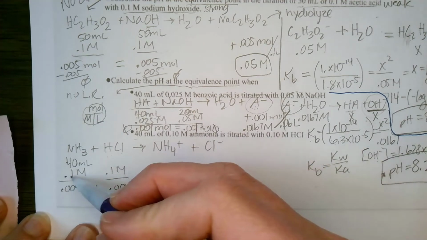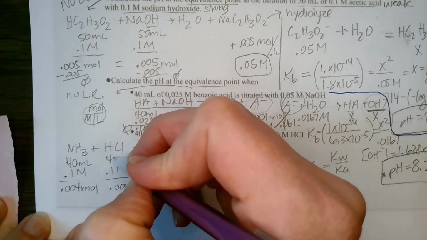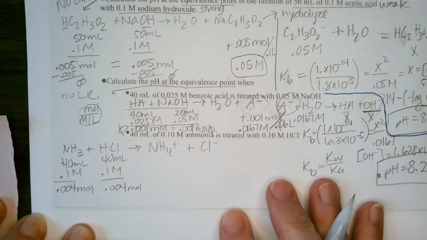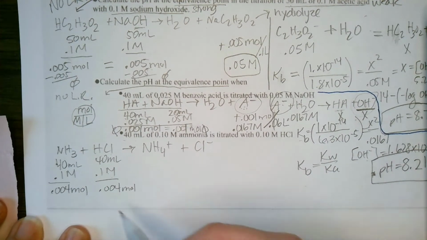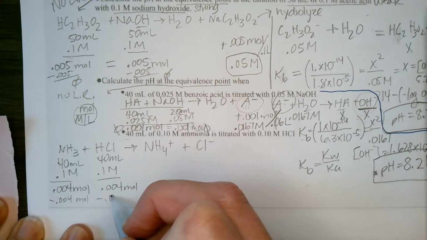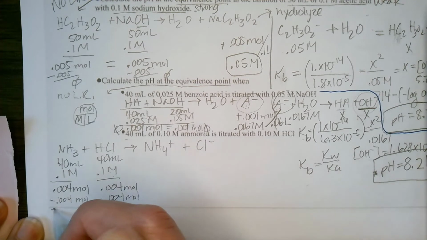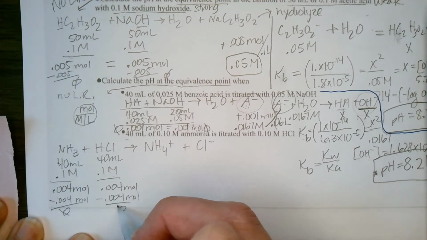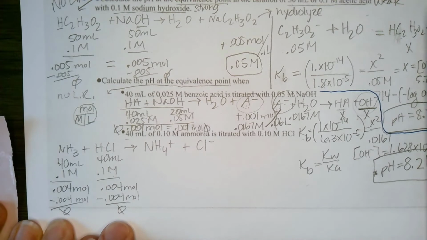Because we have the same concentration, we will also have 40 milliliters of it. When we lose our reactants, minus 0.004, we have no limiting reactant. They're both completely consumed equally.